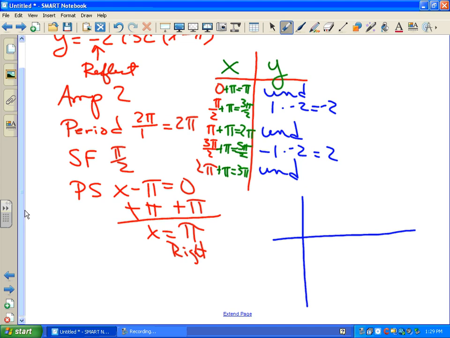Yeah, pi over 2 is my scale factor, and I can see these are by halves as well. So I still need to be going by halves. So I have to put pi over 2 on here, even though I don't have it on my list up here. That was another small error from yesterday's quiz, is starting your table on the graph instead of starting your scale factor on your graph.